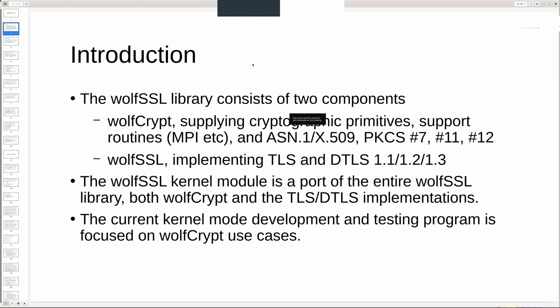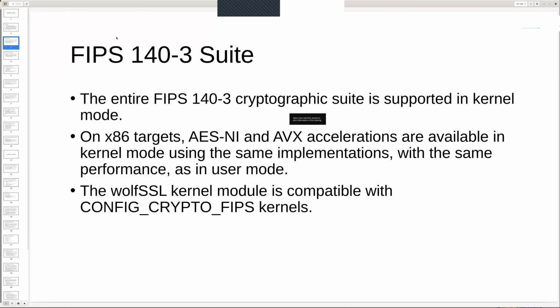Now, we're very much focused on the wolfCrypt side in terms of the delivered functionalities and our testing program for the kernel module right now. Eventually, we will, of course, move into further support for the TLS layer. But for now, we're really focused on the crypto layer.